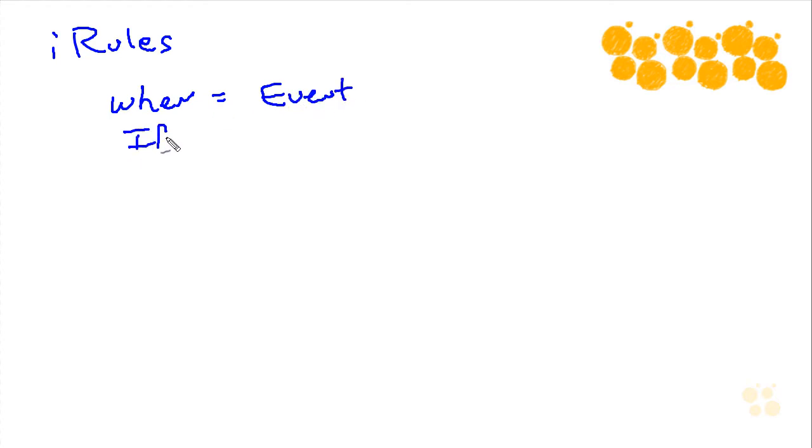Within my iRules sections, we've really gone over the structure of what they are, where to put them, and what we can be looking at. But remember, the bottom line is we have a when, which is my event. I have an if, which is my condition, and operators or multiple conditions and things like that. And then I have a then portion, which is my action.